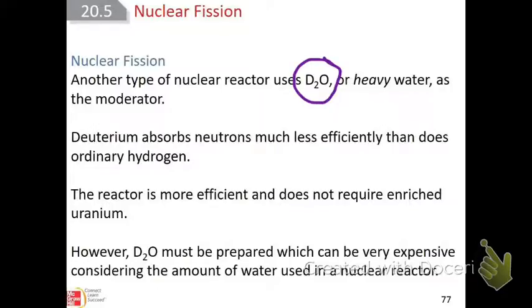This D2O is heavy water, this hydrogen instead of this hydrogen. Okay, 2,1 hydrogen. So it's heavier than normal water, and so it can really slow things down. And it's hard to make, so it's quite expensive, but it works well.